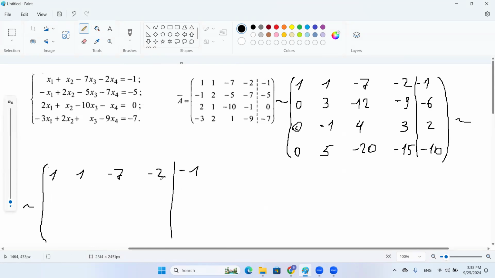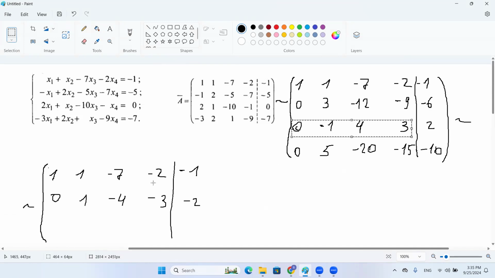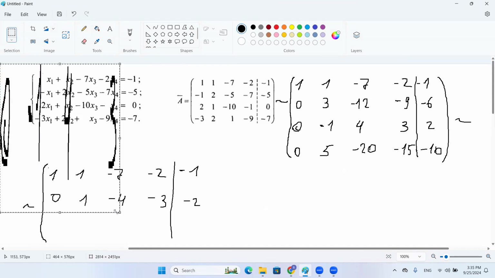Okay, 1, minus 4, minus 3, and minus 2. This row will remain without changes.